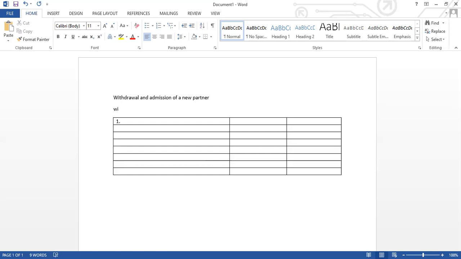So general reserves is usually a credit, but when it needs to be cancelled, you debit it. When you're cancelling general reserves, you need to credit your partner's capital accounts.